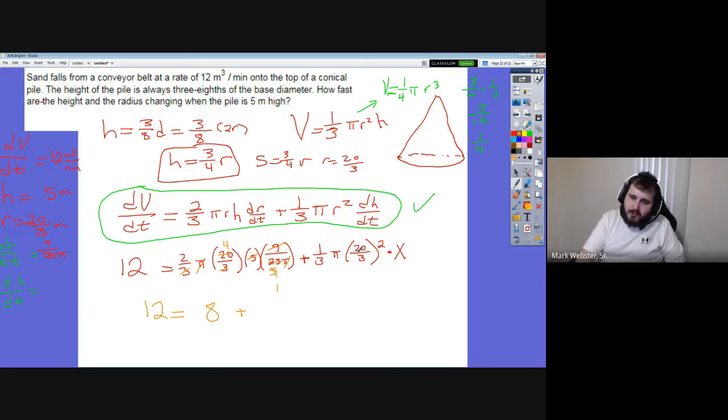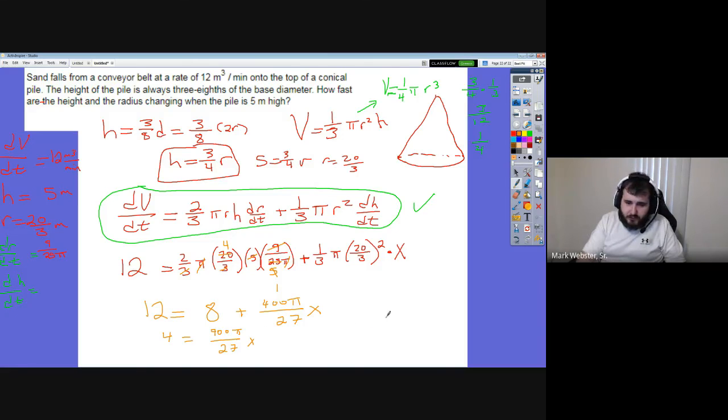And now let's take care of this one. 400 over 9, and then another 9 on bottom is 27. 400 pi over 27 times x. So let's do the easy part. Subtract 8. This leaves us with 4 equals 400 pi over 27 x. And I can multiply by the 27 divided by the 400.